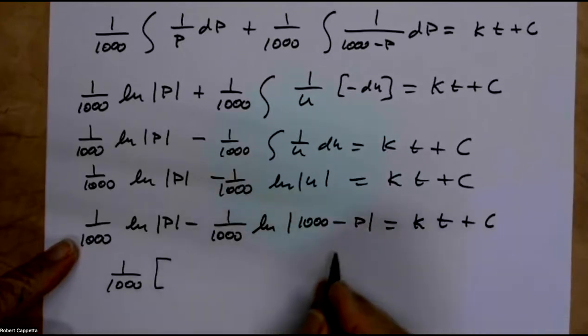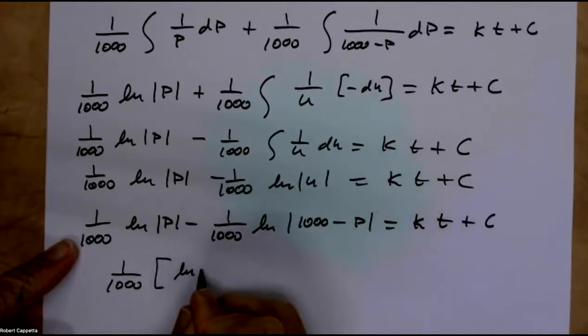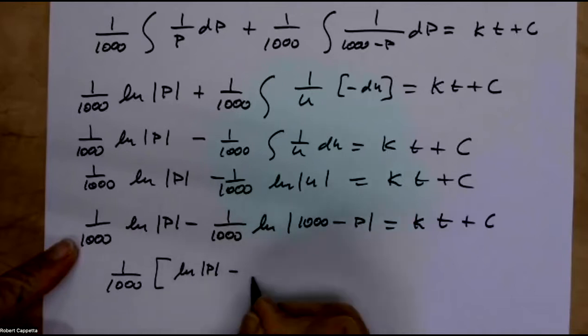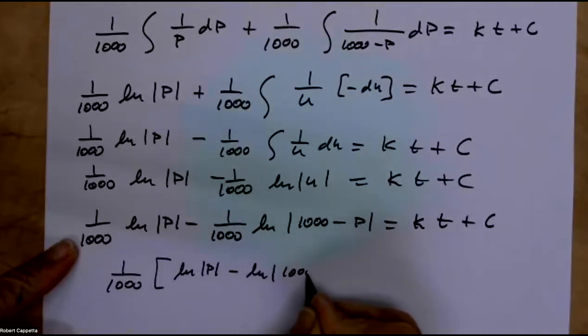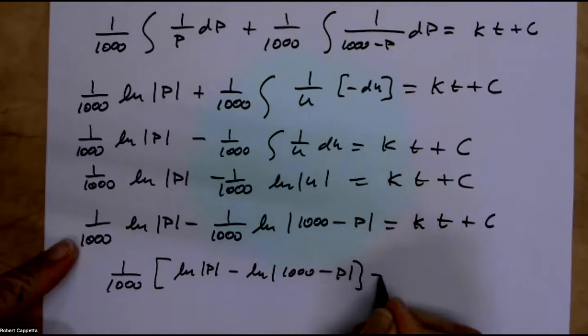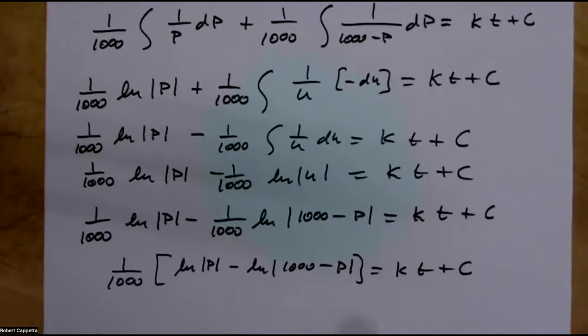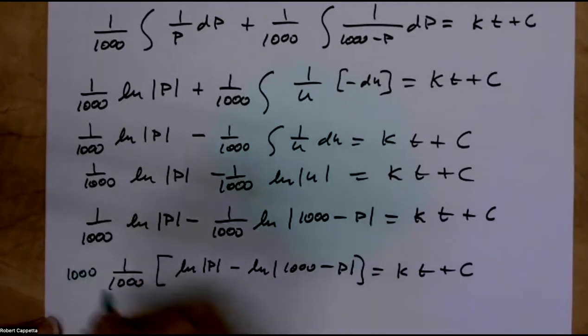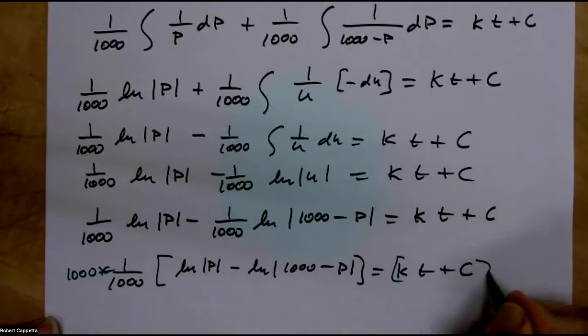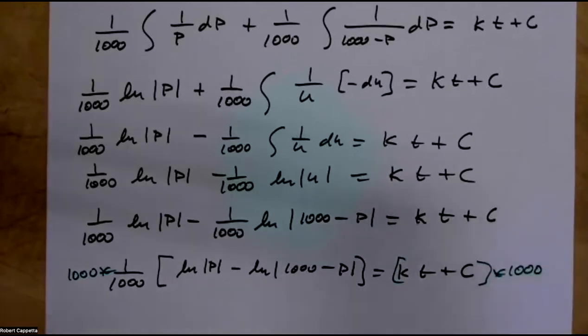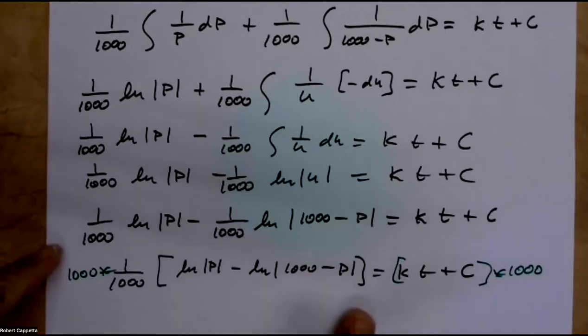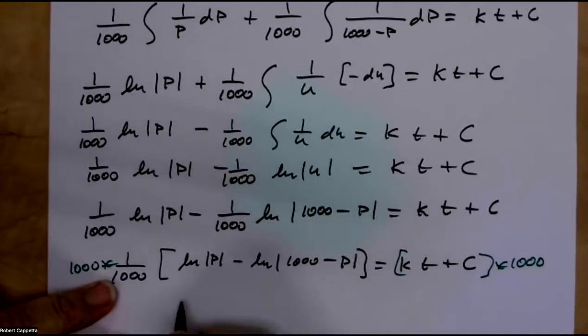Then I have log P minus log (1,000 minus P) equals kt plus C. And then what I'm going to do is multiply both sides by 1,000. Multiply the left side by 1,000, multiply the right side by 1,000. If I do that, this 1,000 goes away, and the left-hand side simply becomes log P minus log (1,000 minus P).